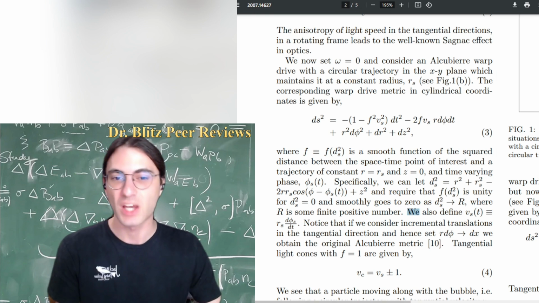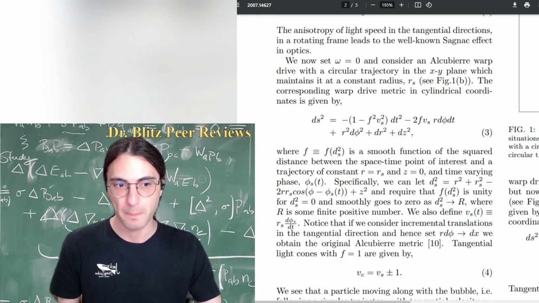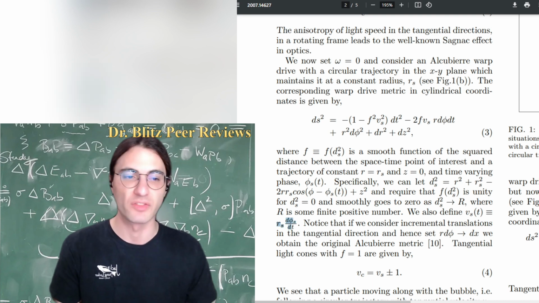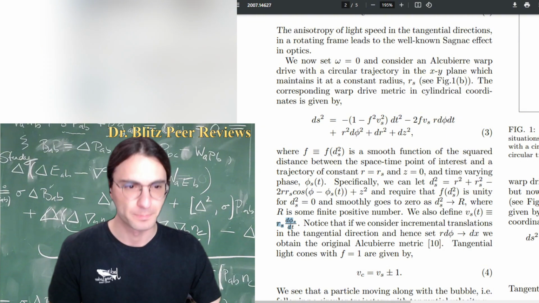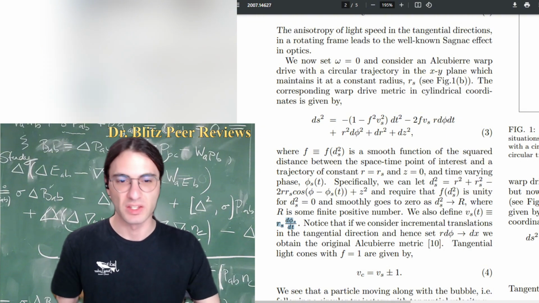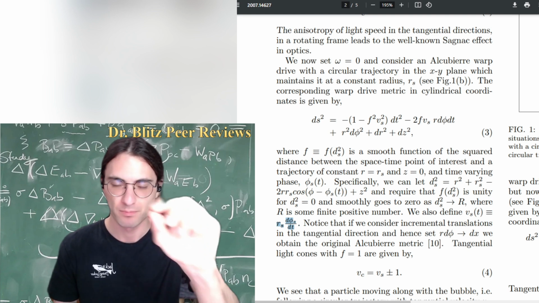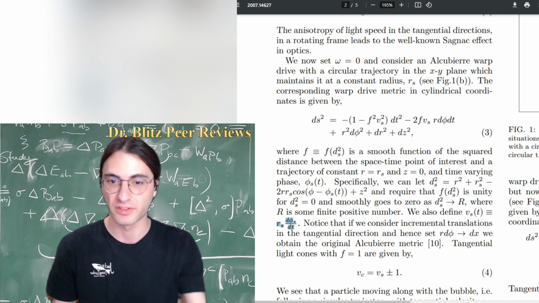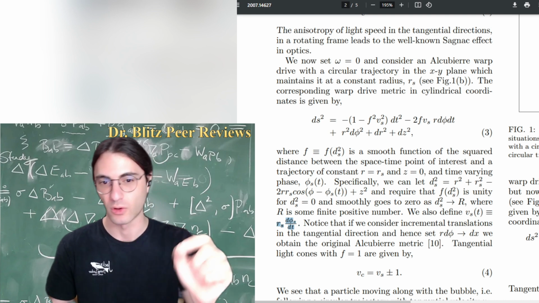Right, okay. So they also define v sub s of t as r sub s times the rate of change of the phase. This is just the speed at which this trajectory at constant r is moving around the circle.